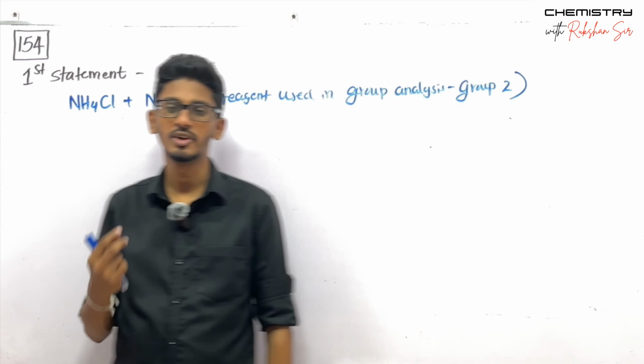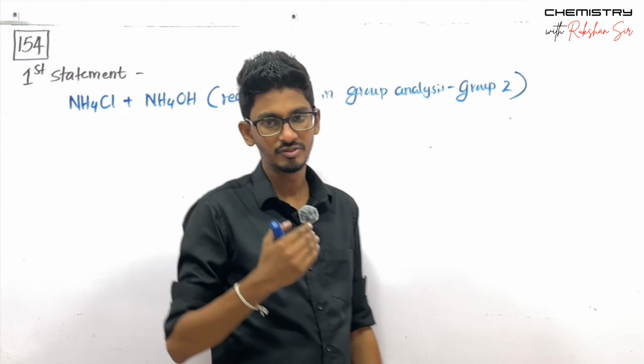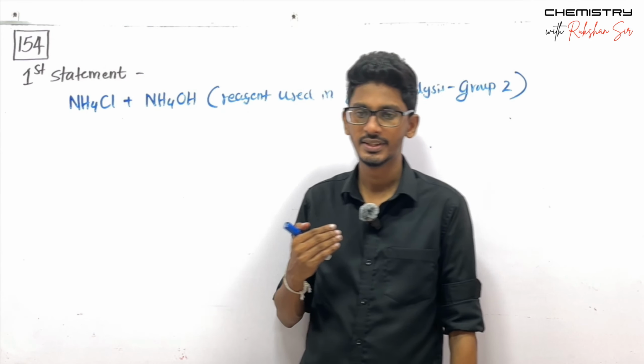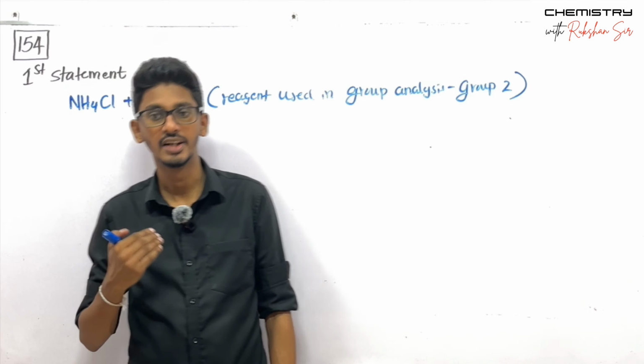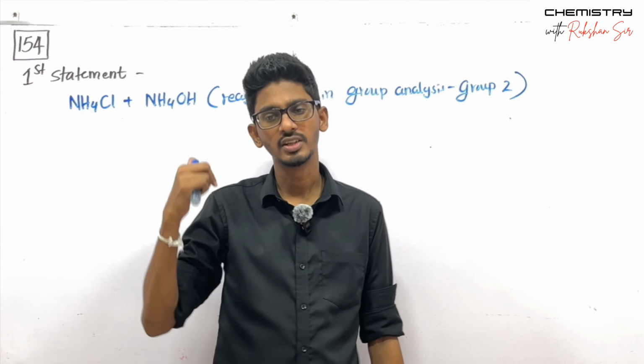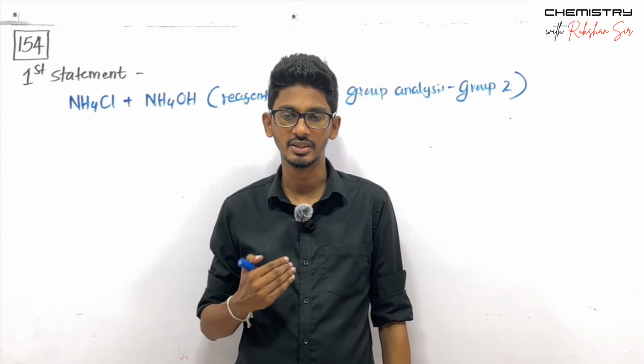With this one, we are providing a very low OH minus concentration that won't be enough to precipitate the high KSP hydroxides. With this one, only the low KSP hydroxides can be precipitated.